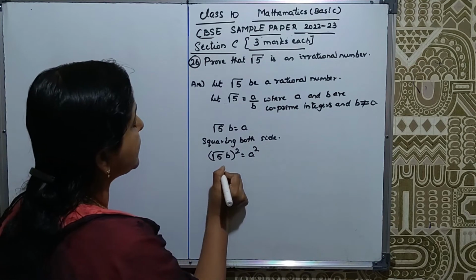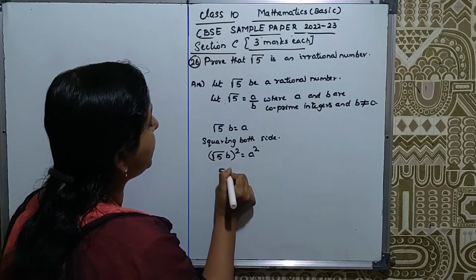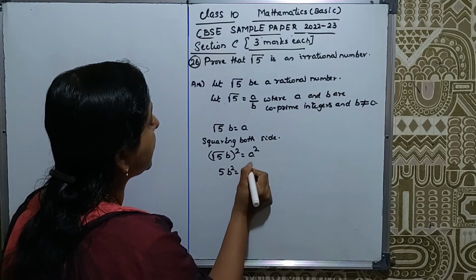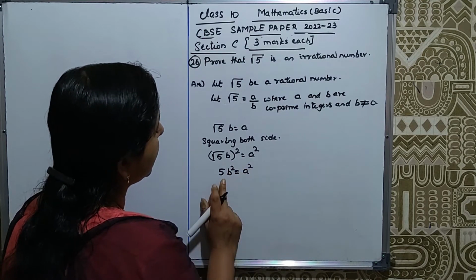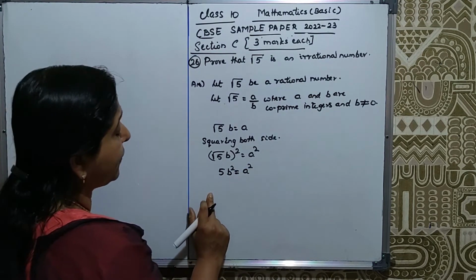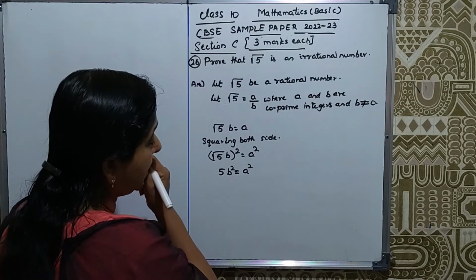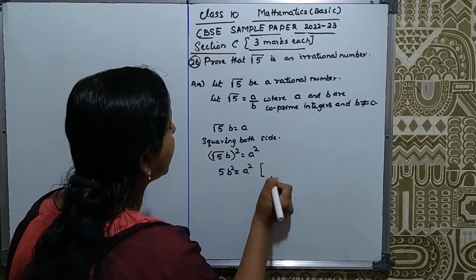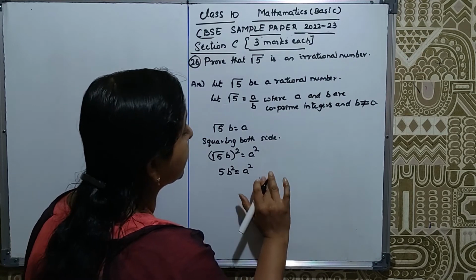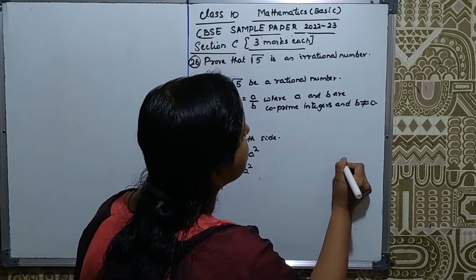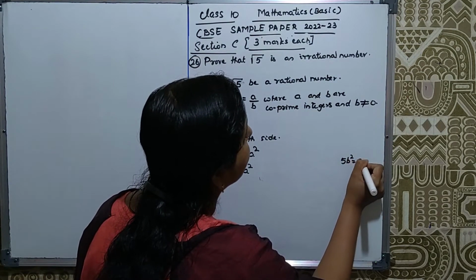Root 5 into root 5 is 5, b into b is b squared, so 5b squared equal to a squared.